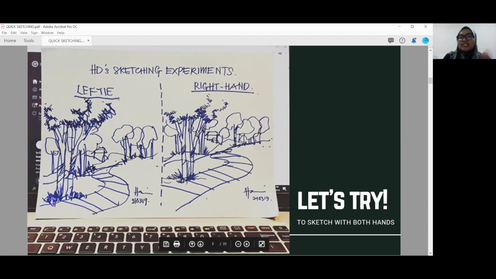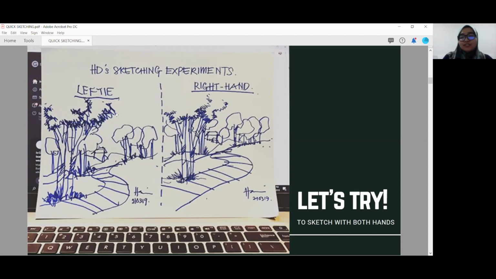Basically, I can sketch with both of my hands, whether or not it's pretty, whether this one is good or this one is lesser. It's totally fine, as long as we can use both.